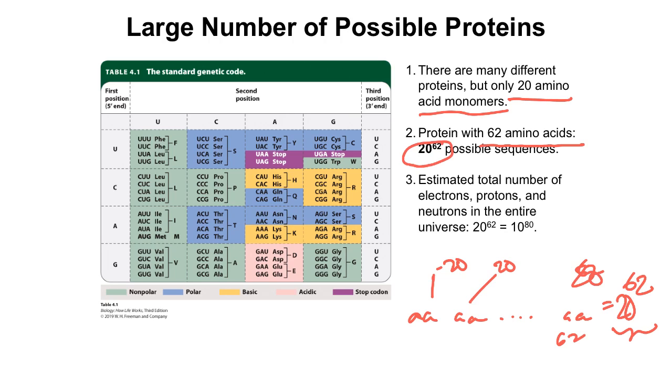And this is in fact equivalent to the number of estimated electrons, protons, and neutrons in the entire universe. So the question is, why are there no more types of proteins than what we have? In fact, so far what we have seen is that there are only about 25,000 different protein families.